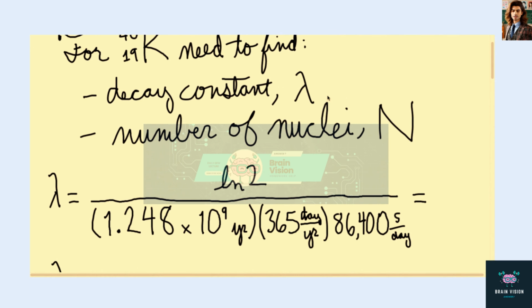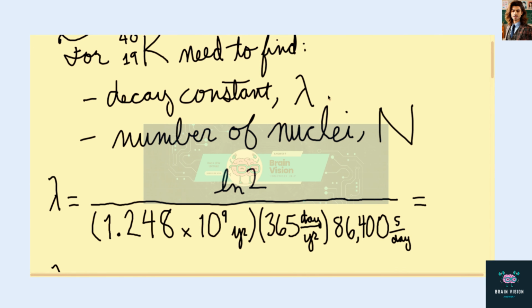To find the decay constant, we have a formula in which the natural log of 2 is in the numerator and the half-life in seconds is in the denominator. We're given a half-life in years, so we'll have to convert it before doing the division.